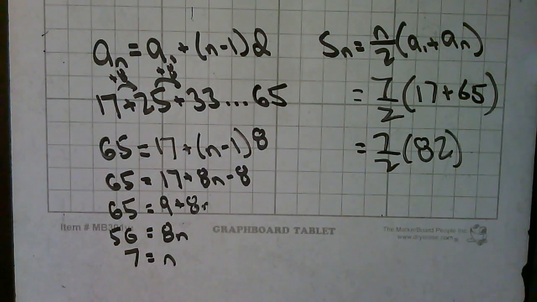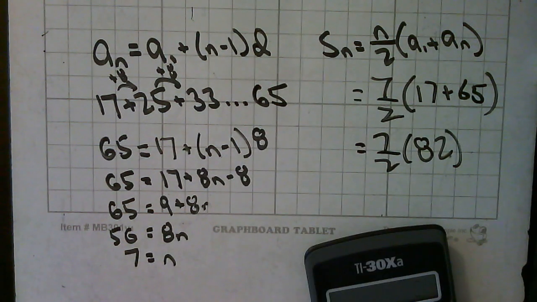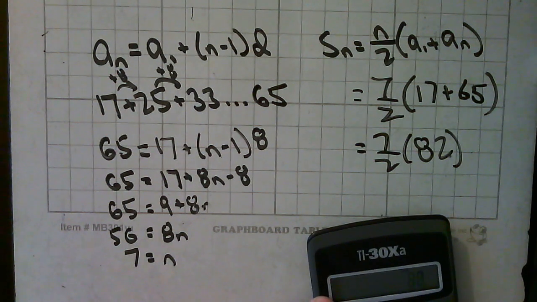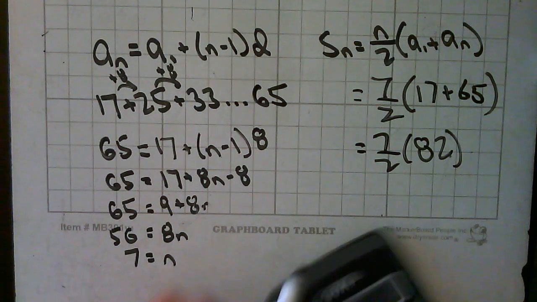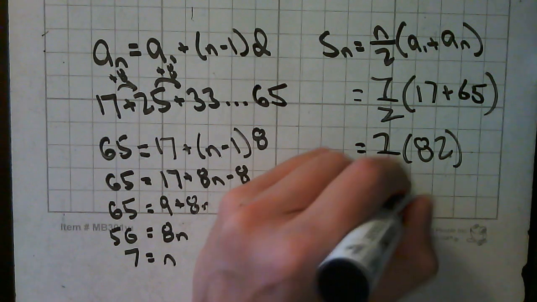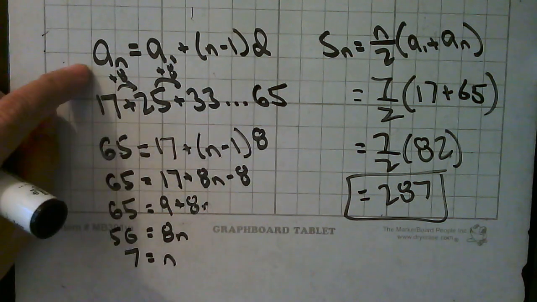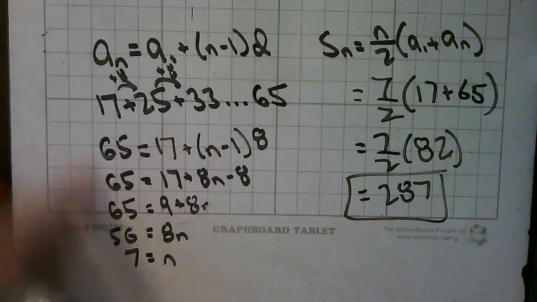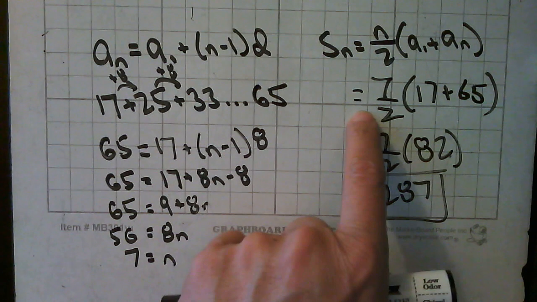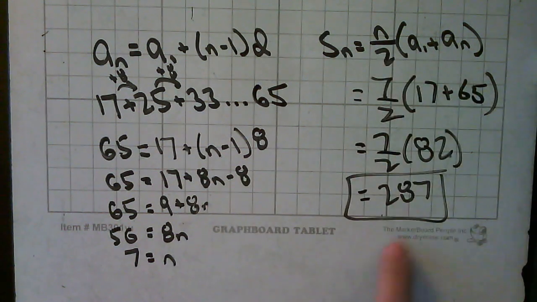Now I'm going to use my calculator. 82 times 7 divided by 2 equals 287. And there's your final answer. So the key here is we're going to use the old formula to find n. And then we can plug in n, our first and our last term, to solve for our sum.